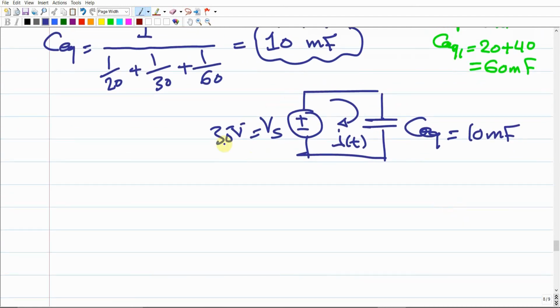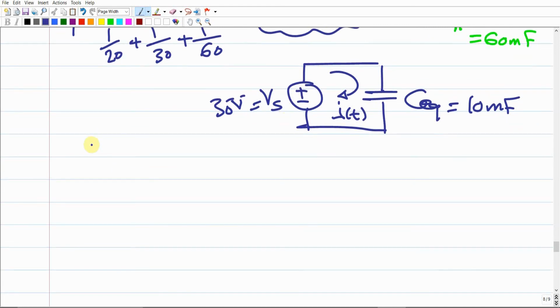If I ask you to apply the Kirchhoff voltage law to this electrical circuit, we're gonna end up with the current I of t equal to the C equivalent times dV by dt, right? This is the current equation for a capacitor.